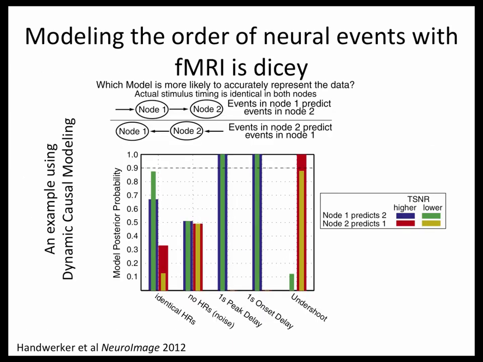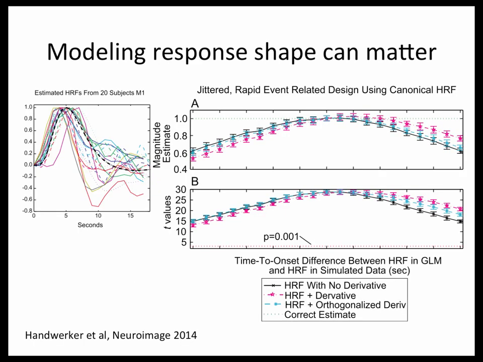Another thing there's been a lot of work on over the years is modeling the order of neural events, such as when you want to say, in some sort of study, brain region A is driving the signal in brain region B. And a lot of people will give you different messages. My extreme bias on this topic is that anything that does this is really dicey. Because not only does the hemodynamic response vary across individuals, it varies across brain regions.